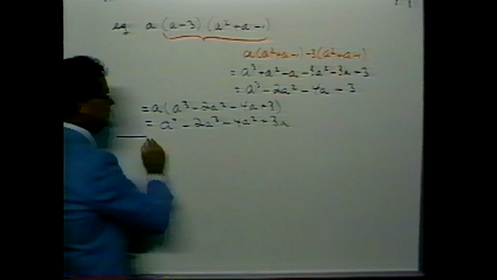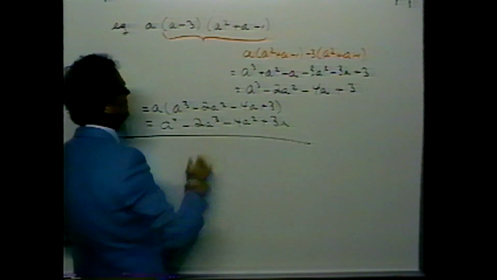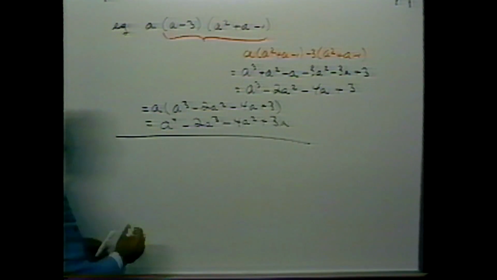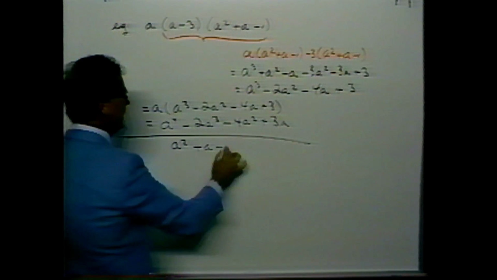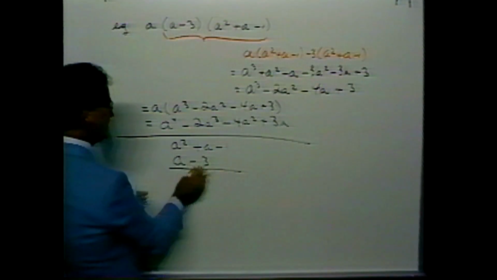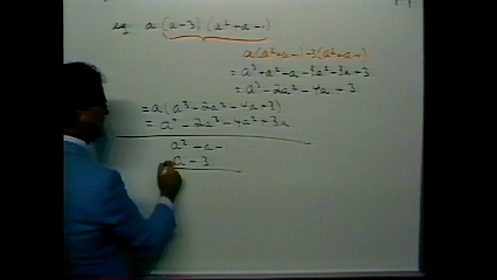I would like to show you the part within this brace section of the problem as vertical multiplication. We write a squared plus a minus 1 multiplied by a minus 3. Notice how I've made sure the binomial here at the bottom is written to the left in this fashion.